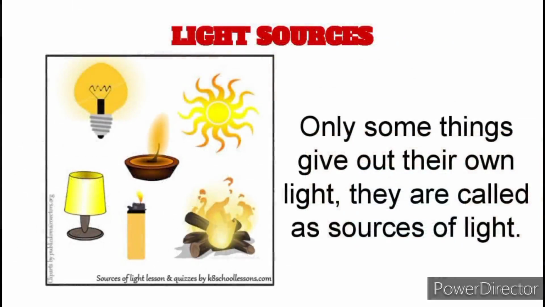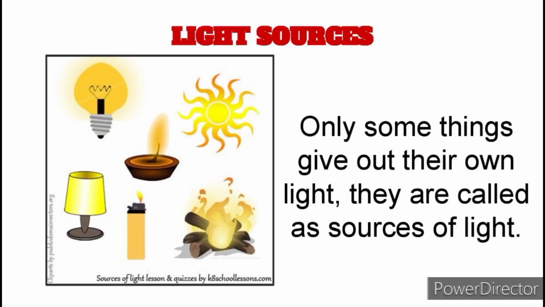When we are learning about light, we should know this term: light sources. What are light sources? Only some things give out their own light. They are called sources of light. Look at the picture. We have the sun, a bulb, a night lamp, a lighter, a candle, and firewood.